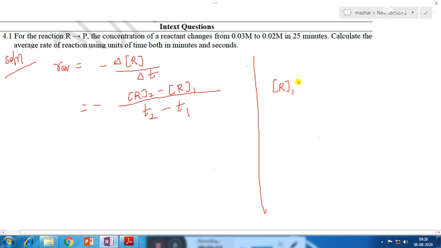initial concentration of reactant R1 equal to 0.03 molar and final concentration of reactant, that is R2 equal to 0.02 molar.